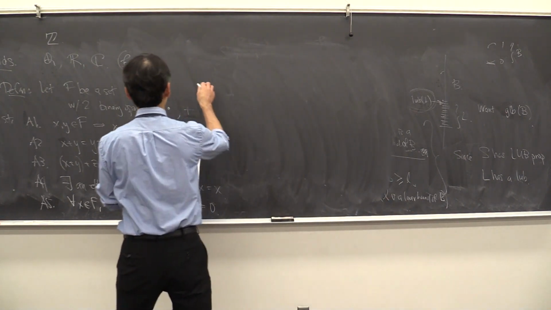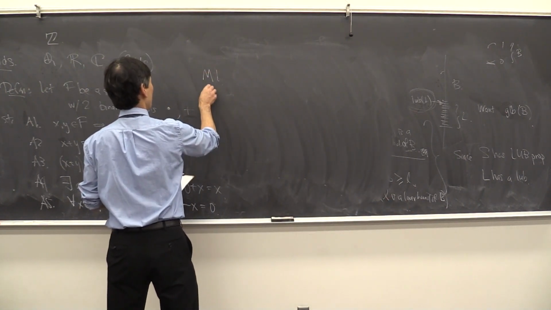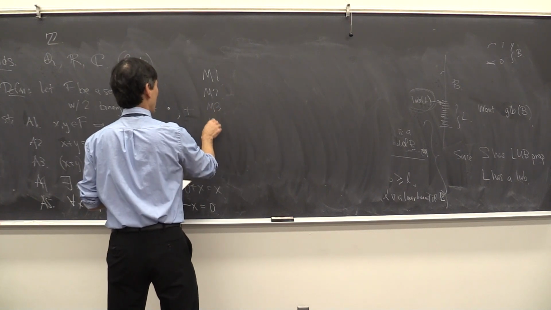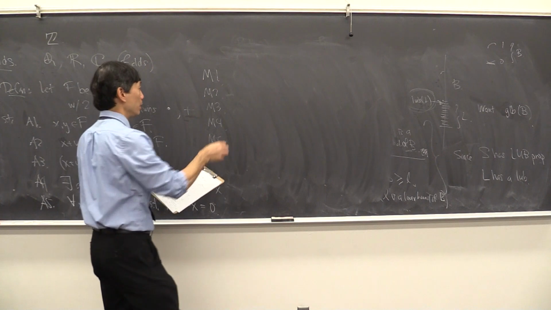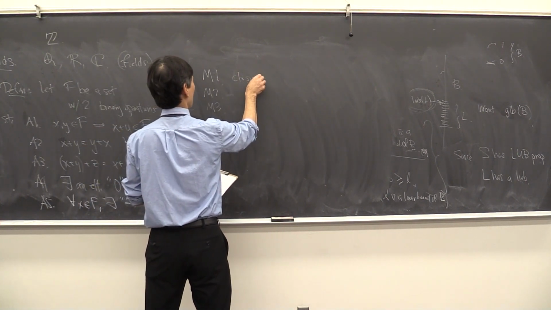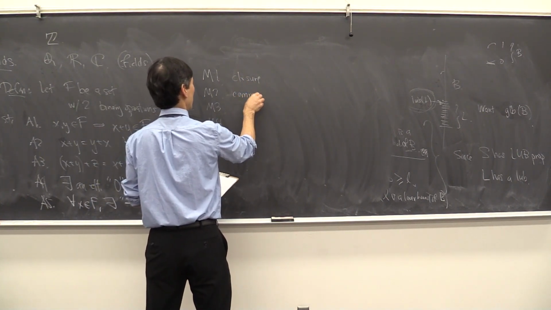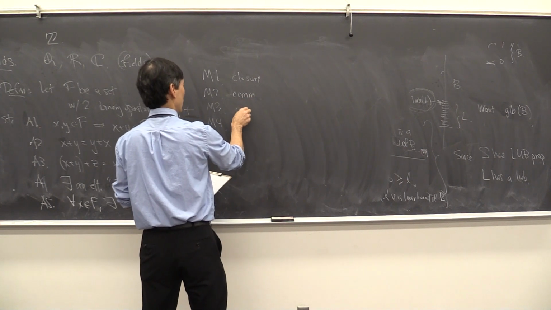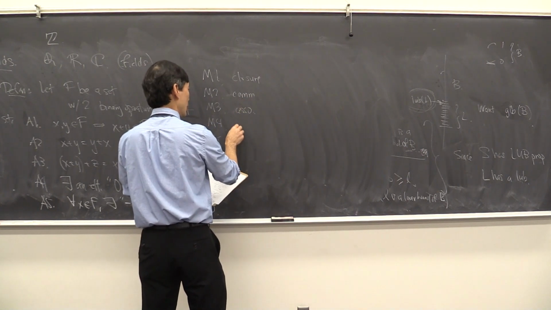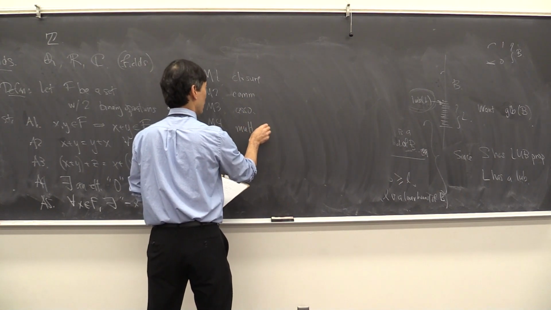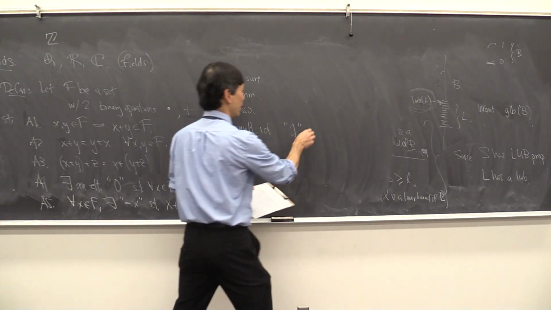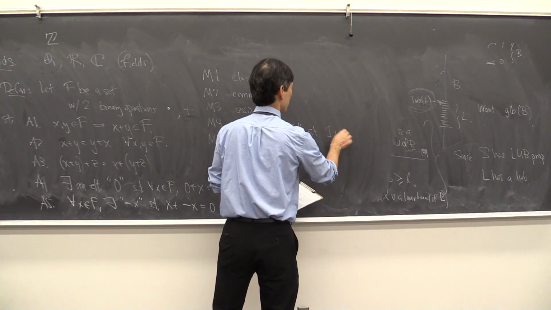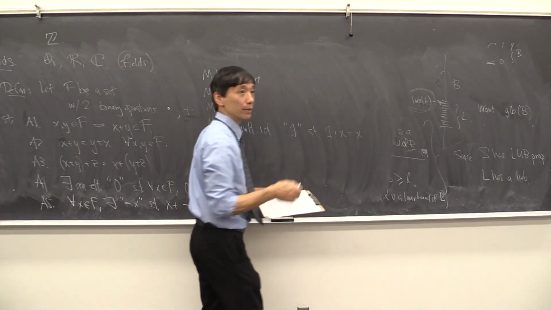Similarly for multiplication, you've got analogous axioms. There will be closure, commutativity, associativity, and a multiplicative identity. So there will be some number called 1 such that 1 times x equals x for all x.